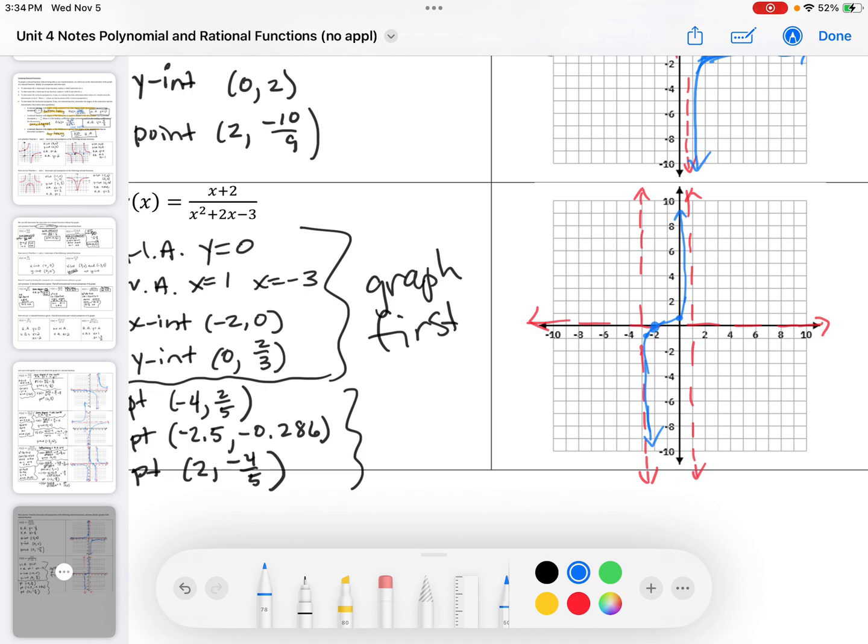And then I plugged in the x value of -4 to get that coordinate point to know my branch lived there. And then I plugged in the x value of 2 to know that my other branch lives down here. All right, that wraps up graphing rational functions.